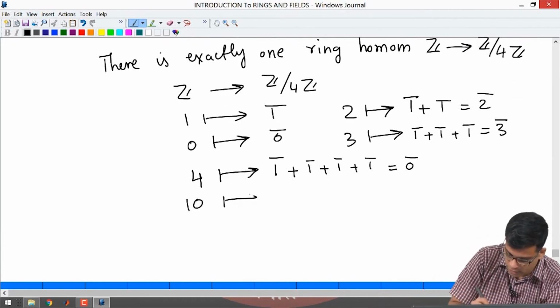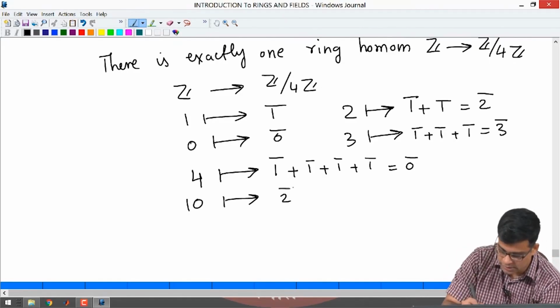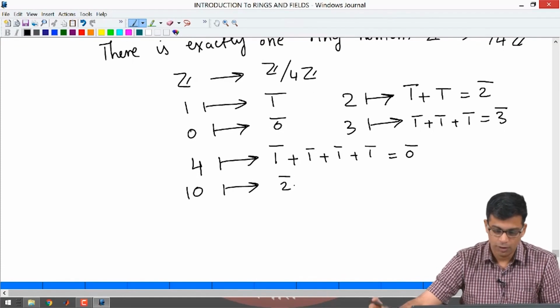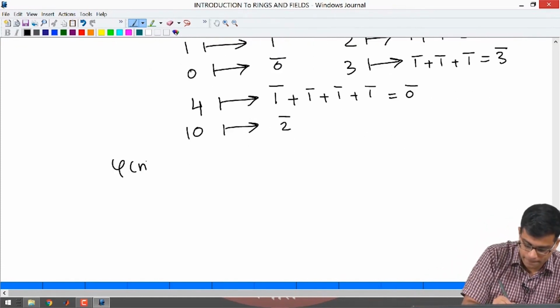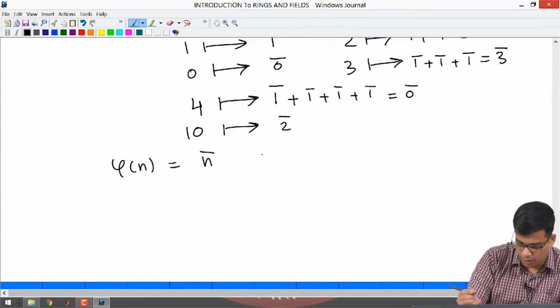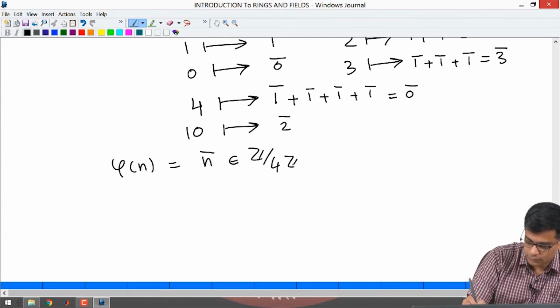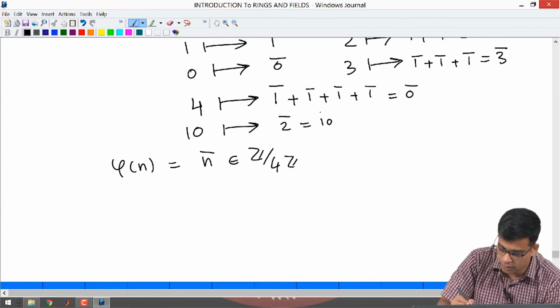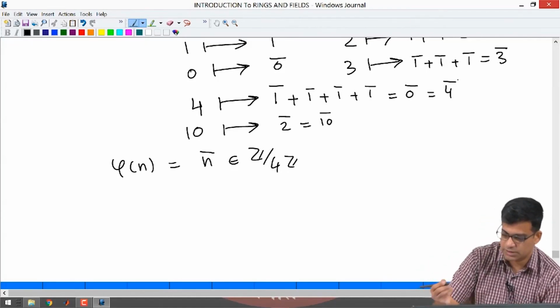Similarly, where will 10 go? Now you get the idea. You add 1 bar 10 times, and that will simply be 2 bar. So, in other words, phi of n is just n bar in Z mod 4Z.